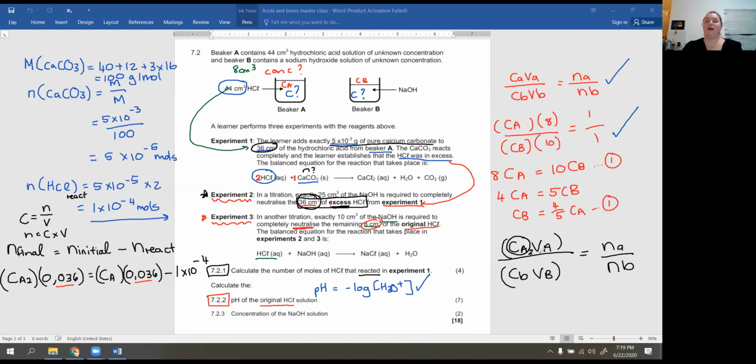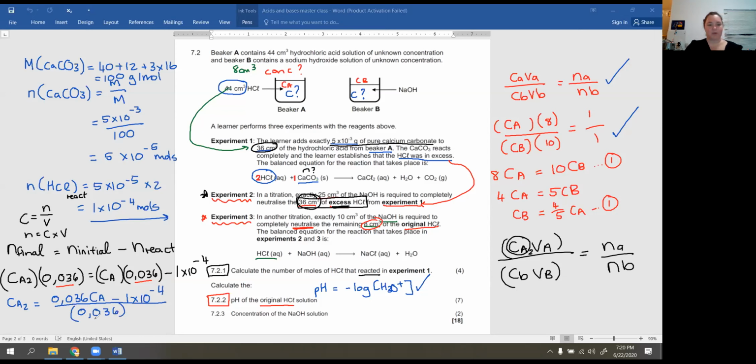So we're now going to jump in here with as much information as we can get. Now, I really don't like doing this bit, but I'm going to do it. So I got the concentration of acid 2 is going to be 0,036 times by Ca, minus 1 times 10 to the negative 4, divided by 0,036.